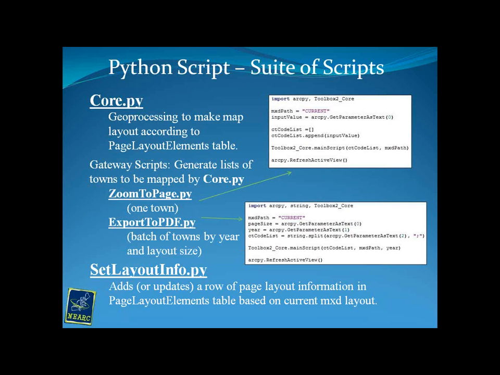So in addition to all the scripts that make the maps and arrange them, we also have one script that if we make changes to the layout, all we have to do is run the script and it will automatically update our page layout elements table to match the new layout. And it's that easy. And I'll show you an example of that now.